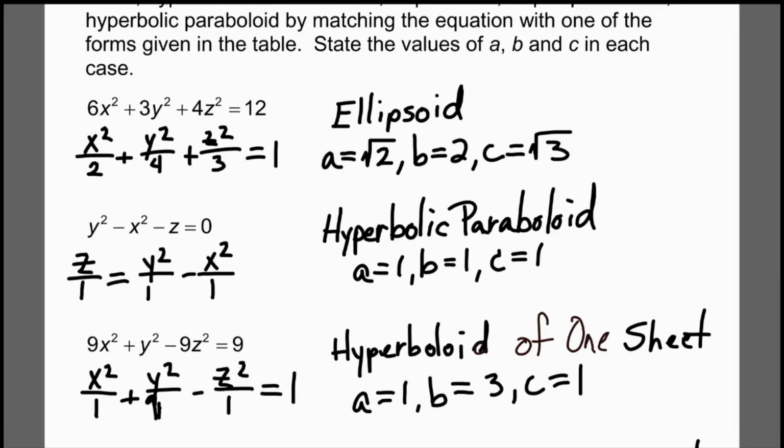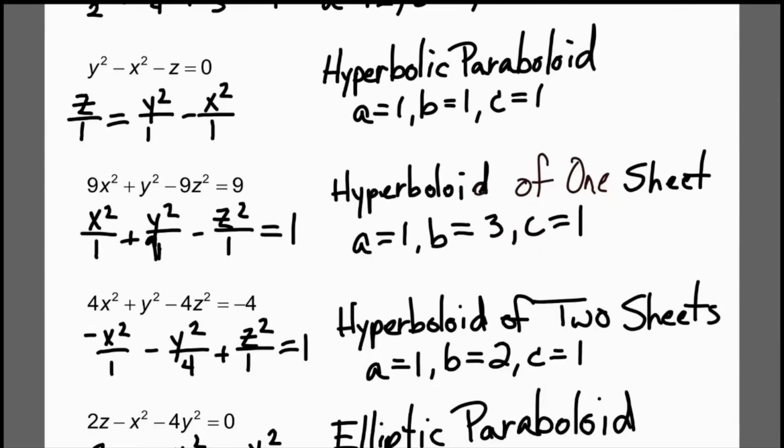Okay, so here's another one, 9x squared plus y squared minus 9z squared is equal to 9. So this is a hyperboloid of 1 sheet. A little bit harder on this one to identify it because you can see in one direction we are actually going to have an ellipse, and in the other directions, 2 of the directions, I should say, we're going to have hyperbolas.